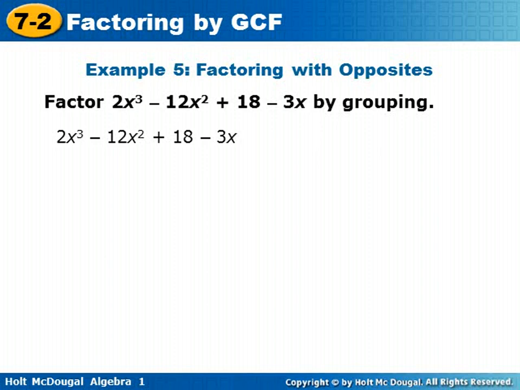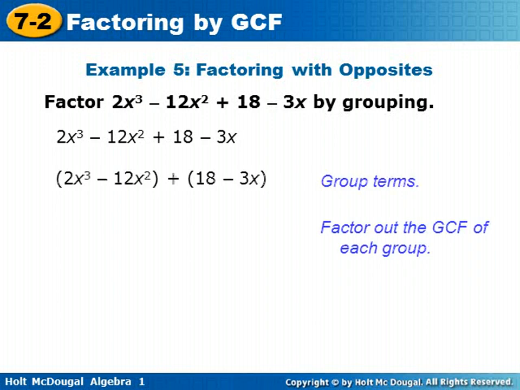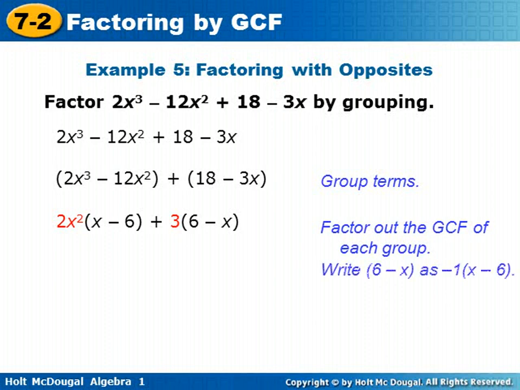So for this example of grouping, we have 2x to the third minus 12x squared plus 18 minus 3x. So we group our terms and factor out the GCF. For the first group it's 2x squared, and for the second group it's 3. Now we want to write the two binomials we have left in the parentheses.